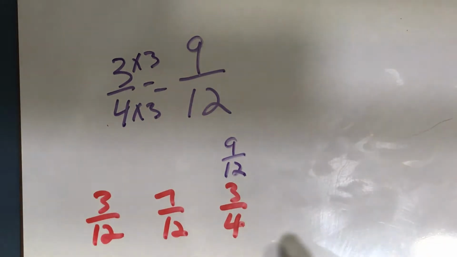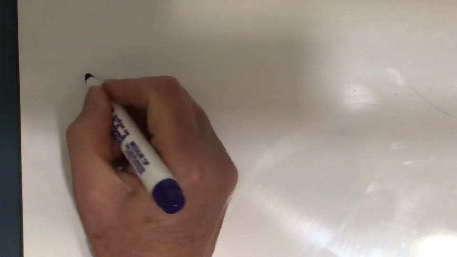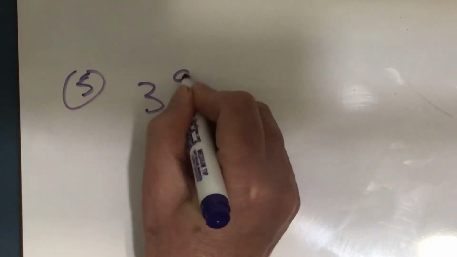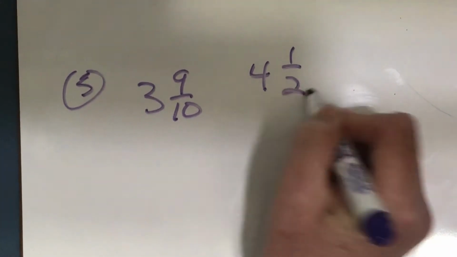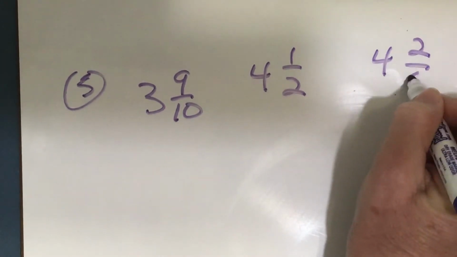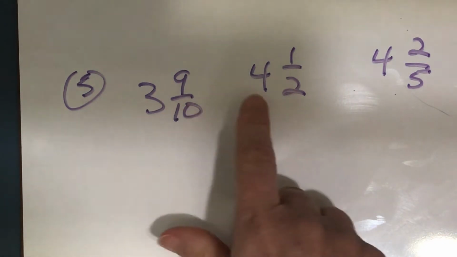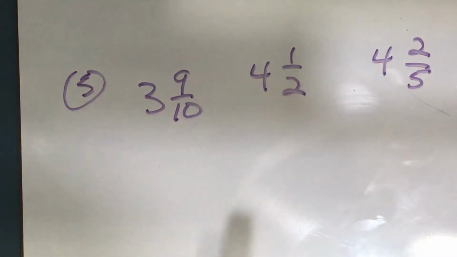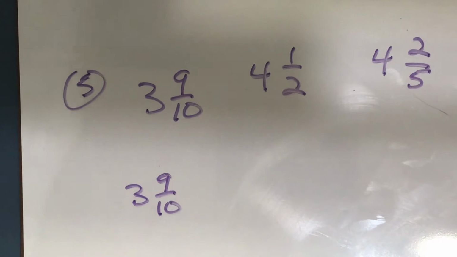And let's look at number 5. Number 5 has mixed numbers that I have to compare. I have 3 and 9/10, 4 and 1/2, and 4 and 2/5. And I have to order them from least to greatest. Well, I can already tell that 3 and 9/10 is the smallest because it has a smaller whole number than 4 1/2 and 4 and 2/5. So 3 and 9/10 is my smallest number here.